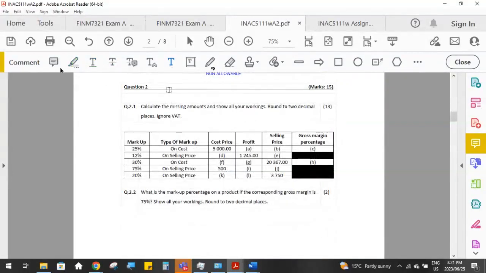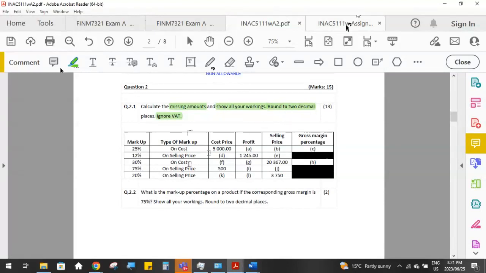So over here, we had to calculate the missing amounts, show all your workings. Very important, please do that, and round to 2 decimal places. Very important, please do that if they've asked. And this one said ignore VAT, because in this particular question, they just were testing your markup calculations in terms of markup on cost or markup on selling price.